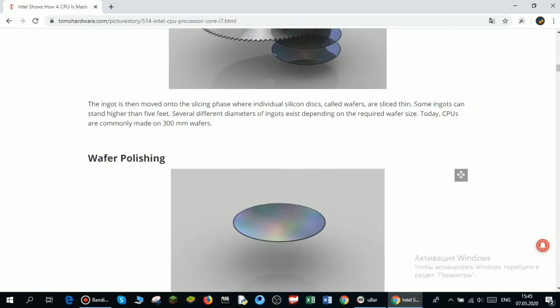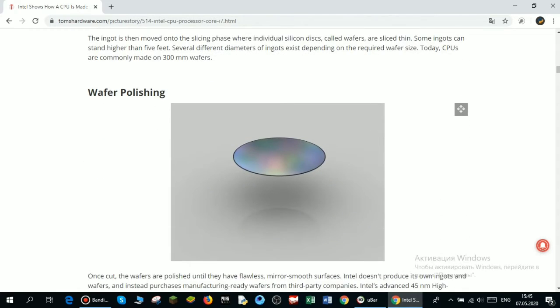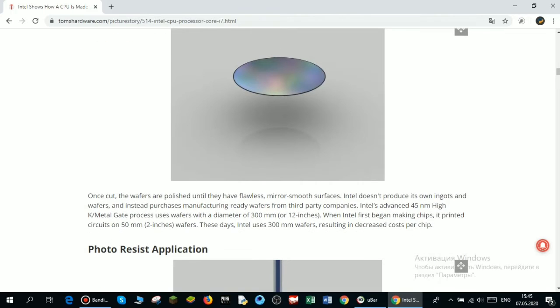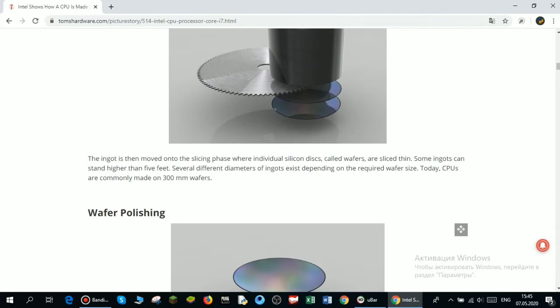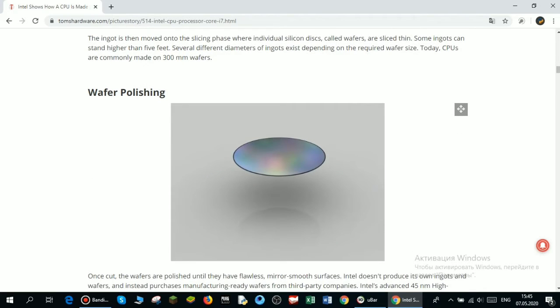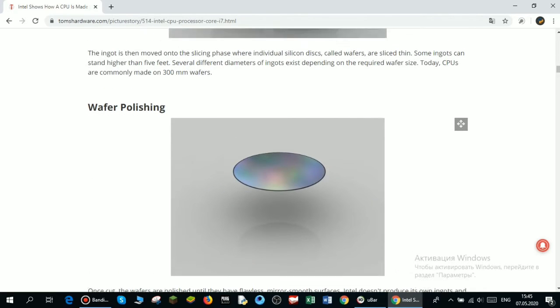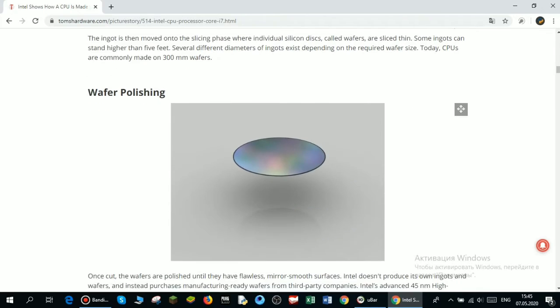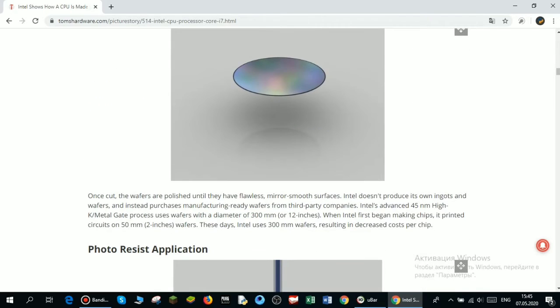Oh, nice. Wafer polishing. Look at that. In this photo they cut and make a disc, and in this photo you can see the disc which is made from this material. Yes, they cut them.